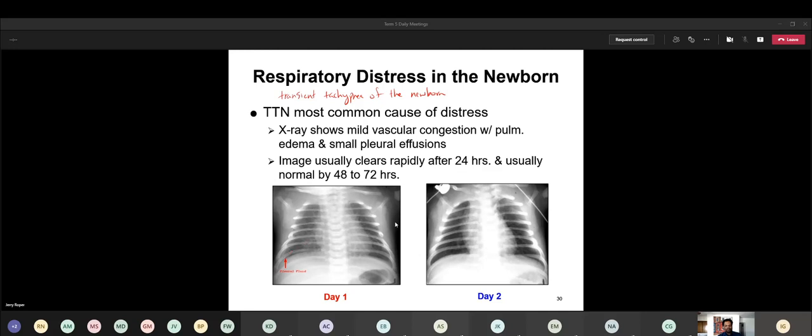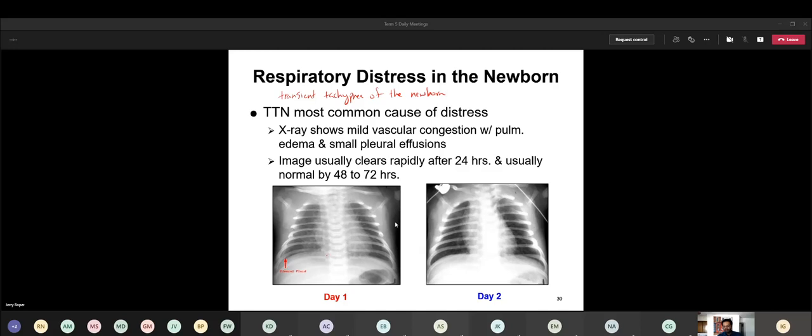So it'll be in the alveoli, but it's a thin fluid. It's not thick and viscous. It's going to be able to leak out and make its way into the pleural space, in which case you would end up with a small pleural effusion, maybe.